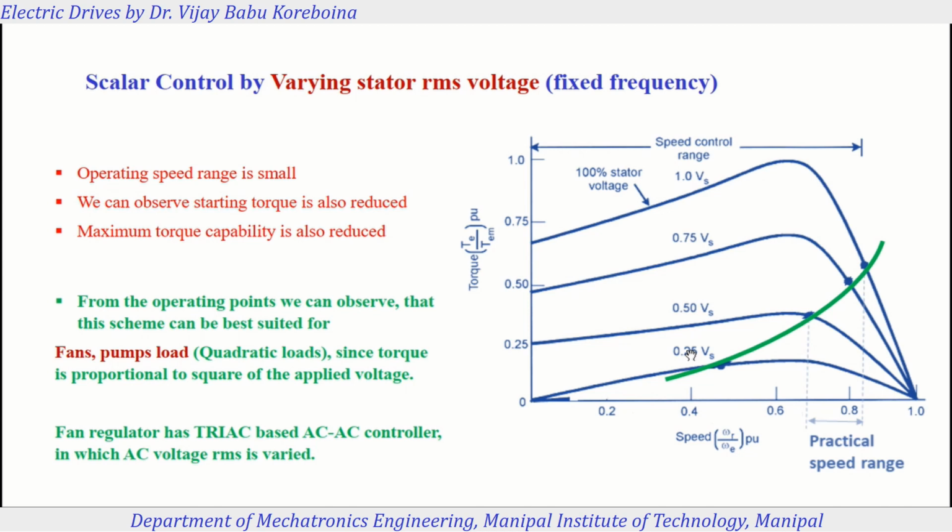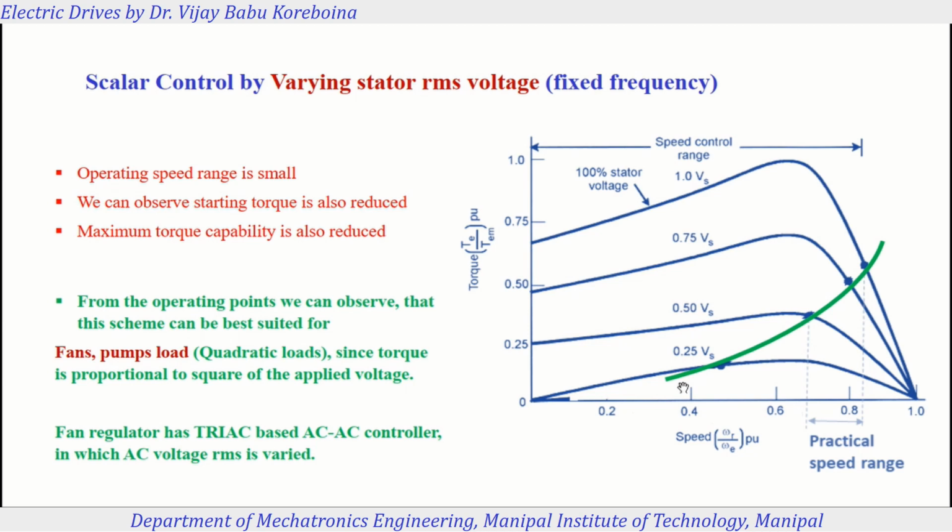So in this case, from the characteristics we can observe that varying RMS voltage can be used directly for fan and pump kinds of loads, because we know very well that when a fan is rotating at low speed, the torque requirement, the thrust requirement, is also very small. So torque is proportional to the square of the speed.